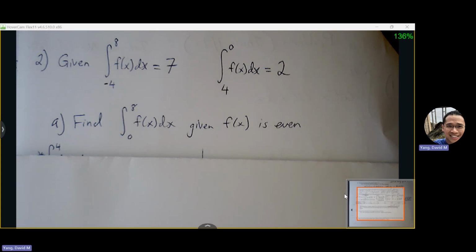Okay, so our strategy is start with the shorter interval, right? Which interval do we want to start with? Start with this one, right? But is there anything that we need to adjust with this integral? What do you notice?